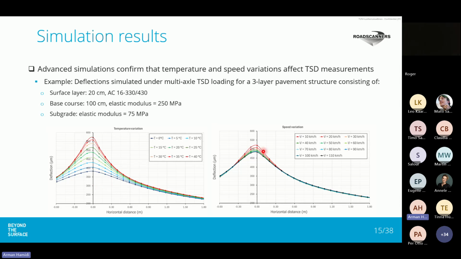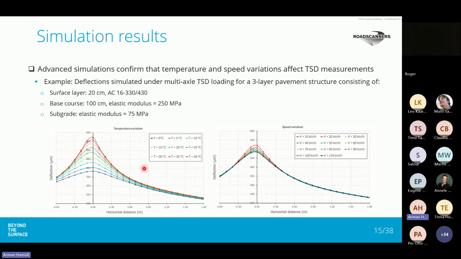And if we increase vehicle speed from 10 km per hour to 110 km per hour, we see that by increasing vehicle speed, we will have lower deflection values. And again, the effect is less pronounced at outer radial distances. But compared to the temperature effect, at outer radial distances, the effect of speed variation on deflection values is almost negligible.